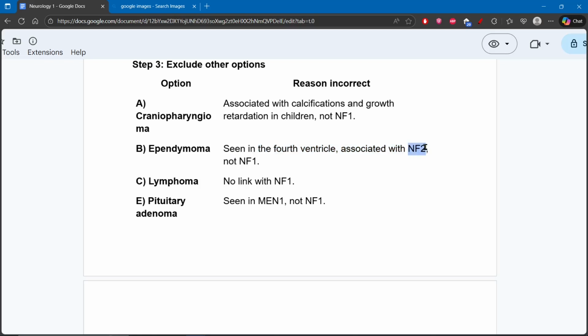This is important to remember. Neurofibromatosis type 2 has its own constellation, such as bilateral schwannomas and ependymomas, that you must know. It is not associated with neurofibromatosis type 1. Lymphoma is not associated with any neurofibromatosis, and pituitary adenoma is associated with MEN1 syndrome, not NF1.